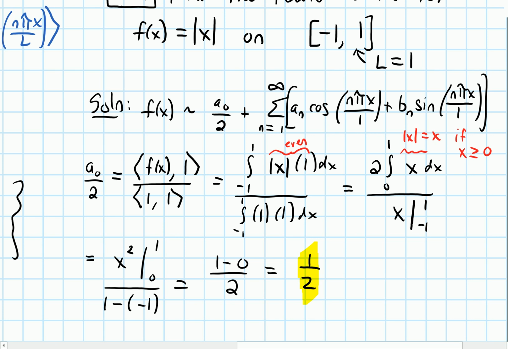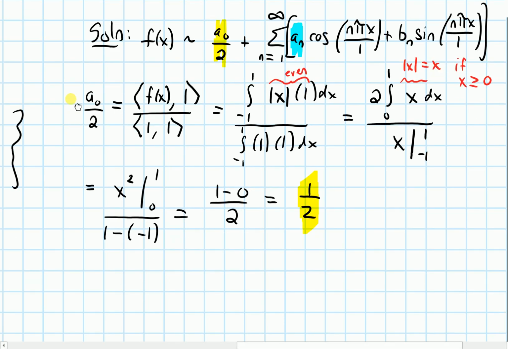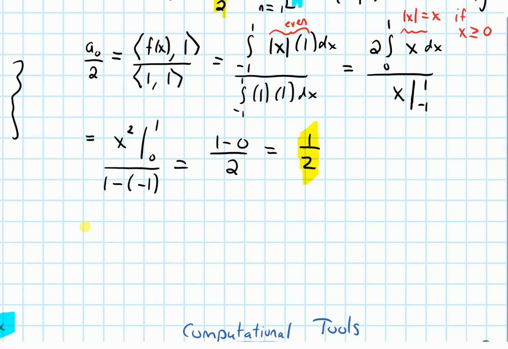Let's move on to what a sub n should be. For a sub n, we have a formula as well. For that one, you take the inner product of f of x with a cosine term, cosine of n pi x, technically over L, but L is 1, so we could just write this.